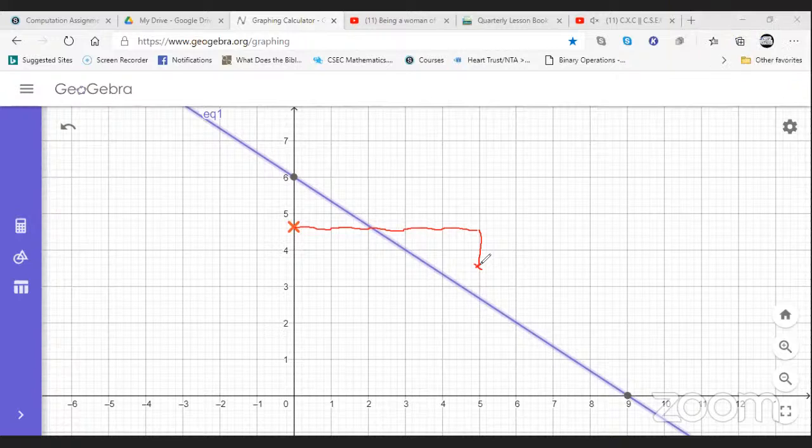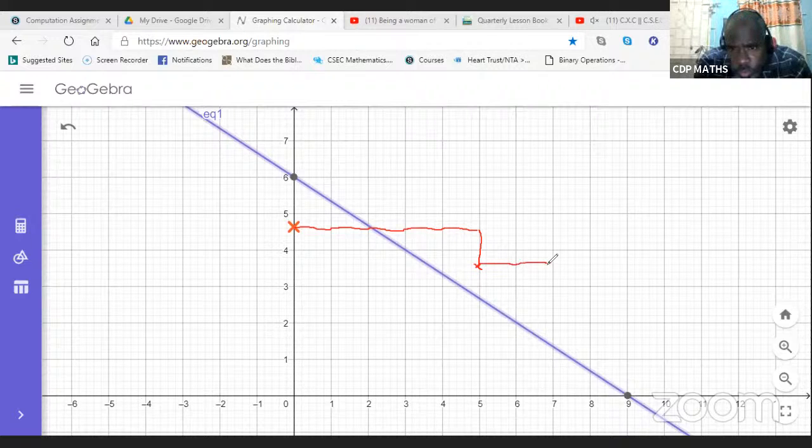It looks funny. So 1, 2, 3, 4, and 5. And then we count 1 going down, right?